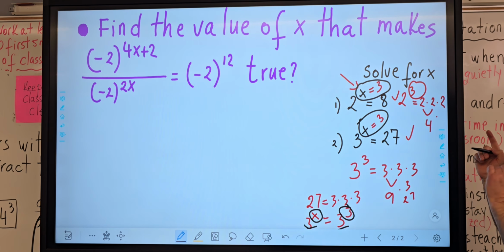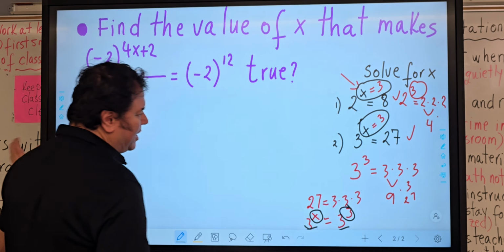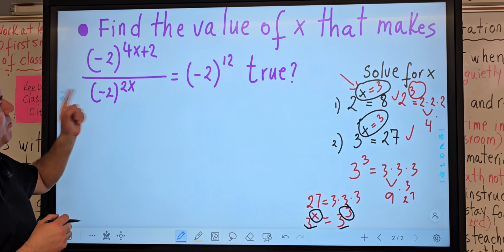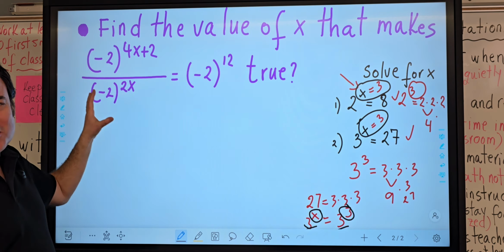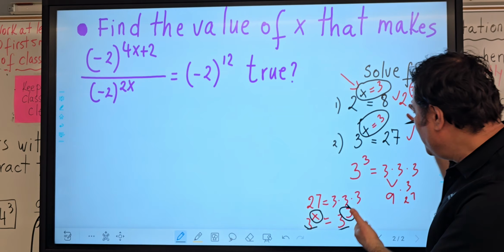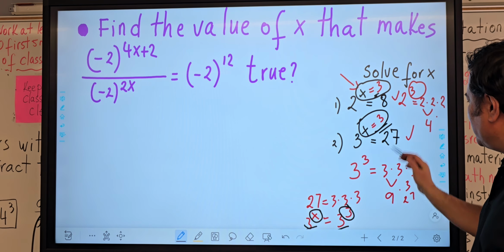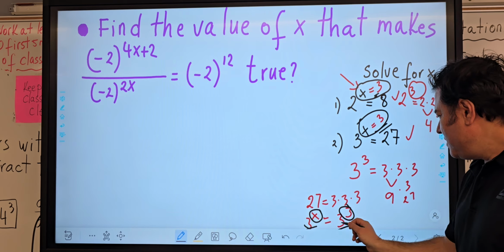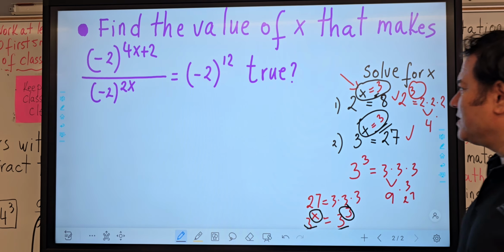I want you to keep this in mind as we work on our problem. If we manipulate something in our equation to get the bases the same, then we can conclude that the exponents should be equal to each other, just like we did in our small examples.